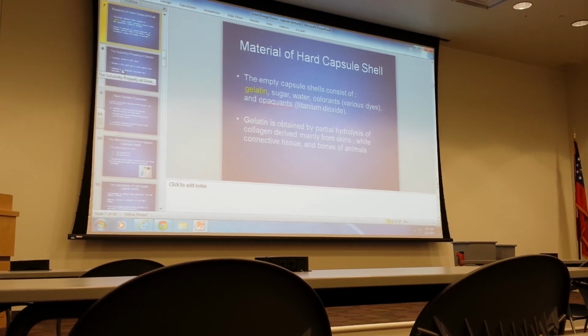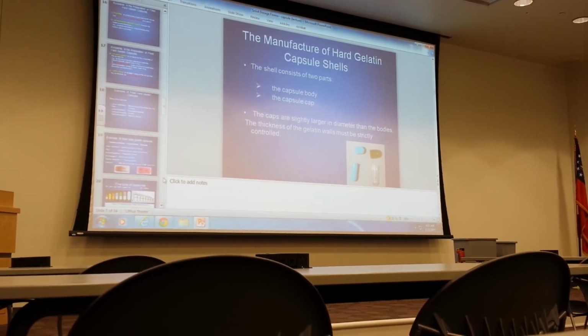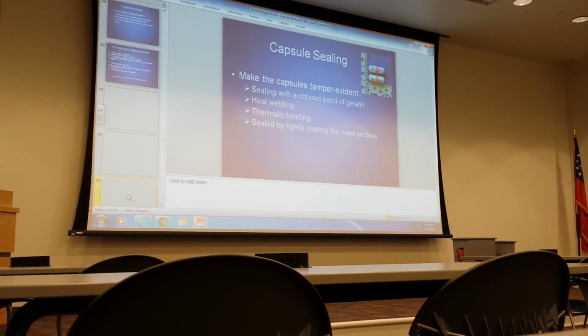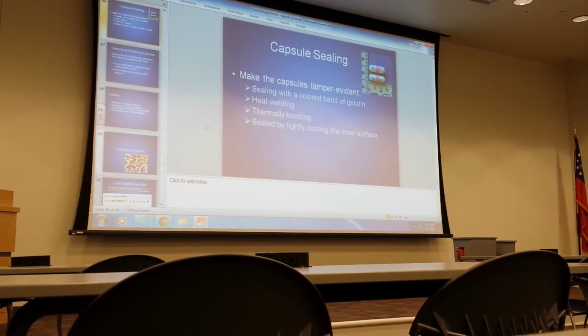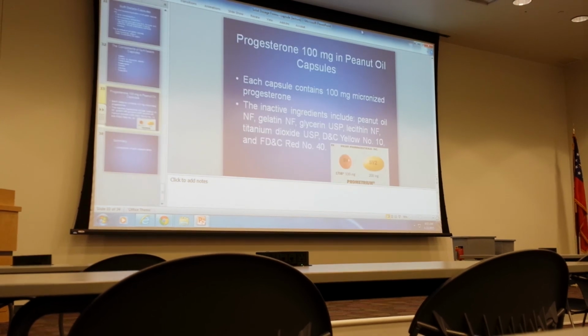They give the desired properties of the capsule, and then compared to tablet, capsule is easier to swallow. And then the capsule shell sizes are given different numbers. Then you know the larger the number, the smaller the capsule shell.